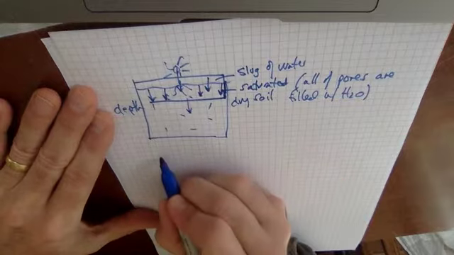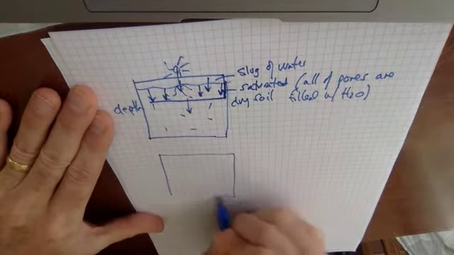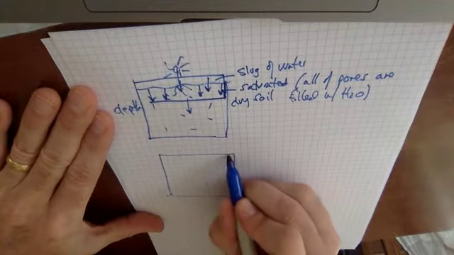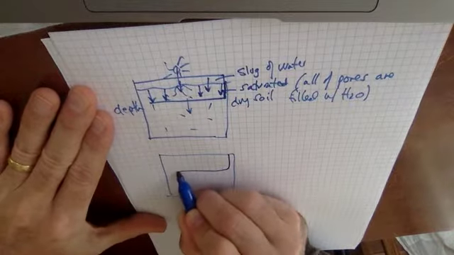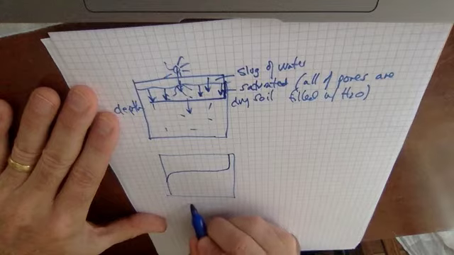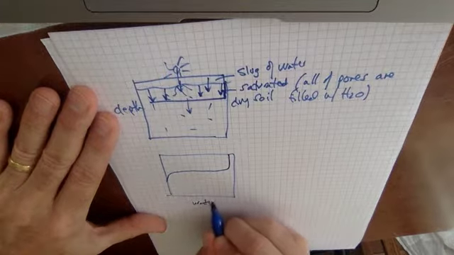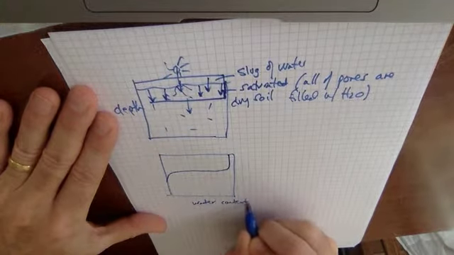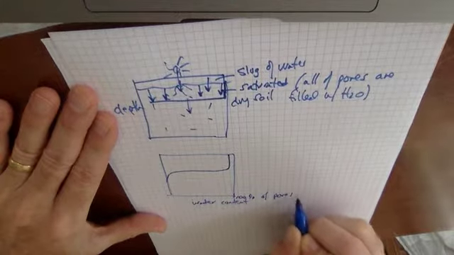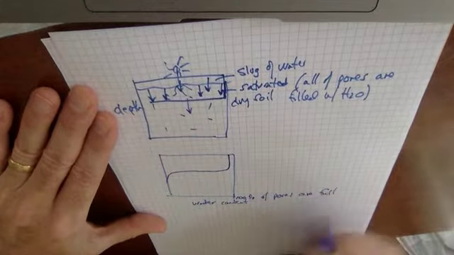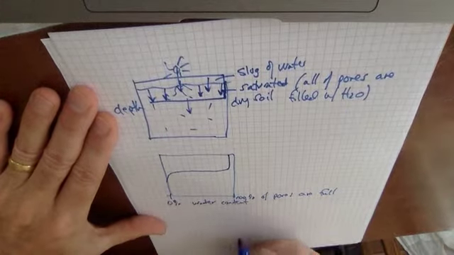So if we look at the slug of water, it's going to be here, and then it's not going to be here, right? So think of this as like water content. This would be 100% of the pores are full of water, and 0% are filled with water.